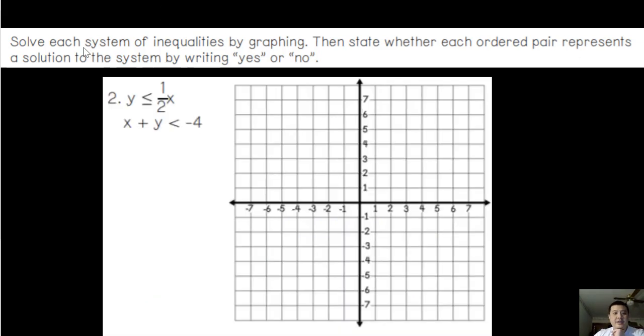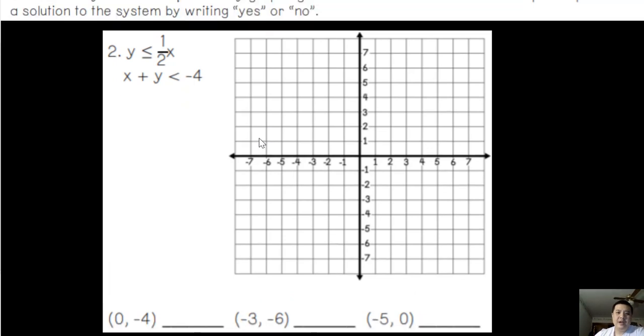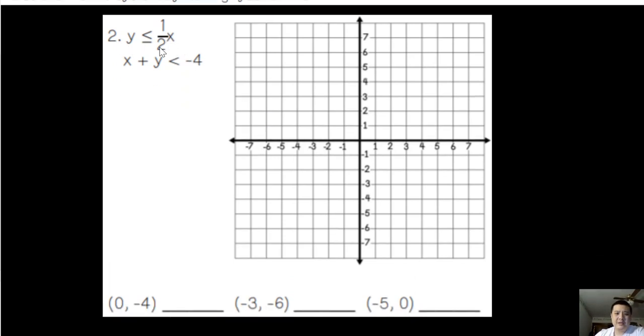Here it says graph the following and state whether the following are ordered pairs again. So we have y is less than or equal to 1/2 x, so that's a y-intercept of 0, 0. And that's going to be a complete line, not a dotted line, because it also includes points on that line. Here, if we flip this over, we get y is less than -x minus 4.